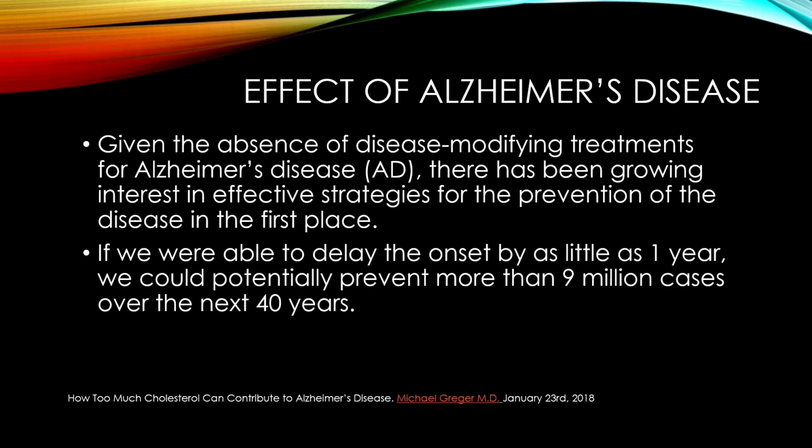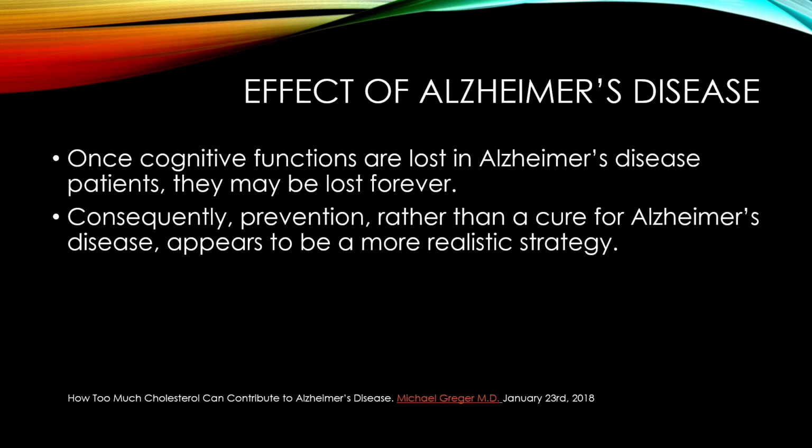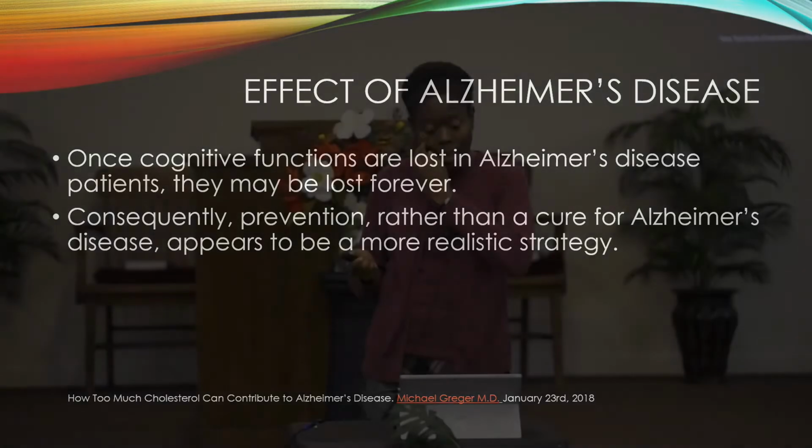Oh, sorry, way back in 2014. Then that would be really, really effective. Once cognitive function is lost in Alzheimer's disease patients, you have to remember that it may never be regained. It may be lost forever. Consequently, of course, prevention is the first key to helping with Alzheimer's disease.